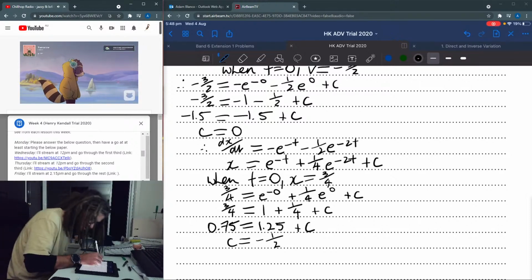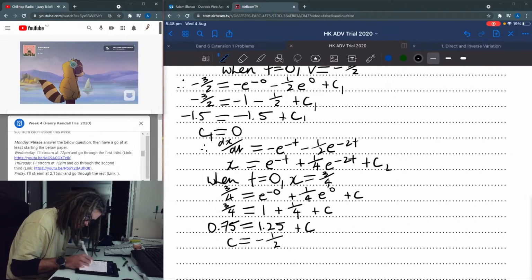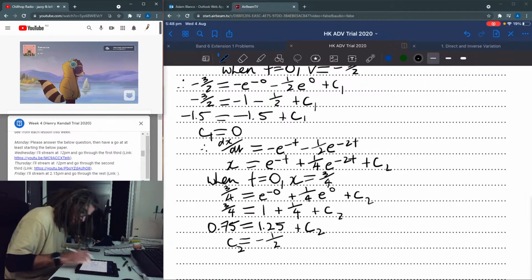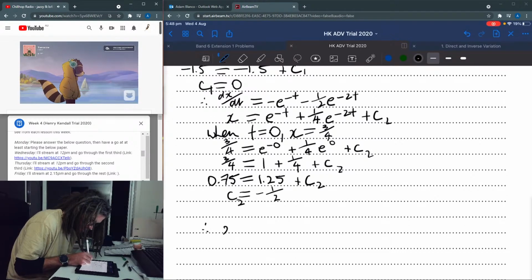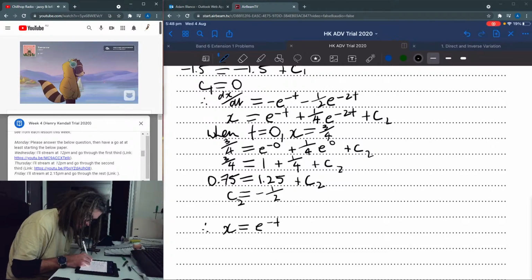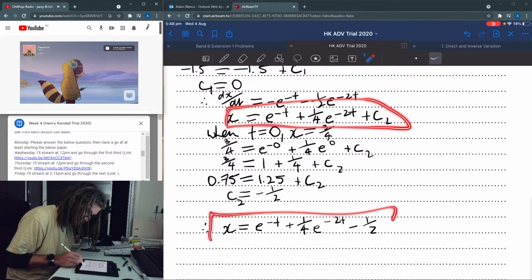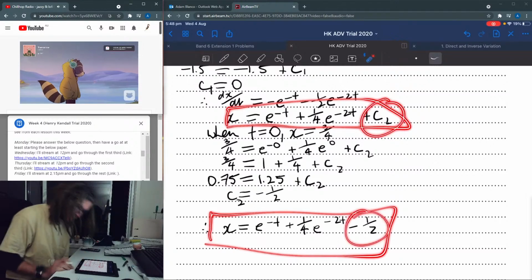Now I have two C's. Let's call this C1. Let's call this C2. So therefore x is equal to e to the minus t plus 1 on 4 e to the minus 2t minus a half. So all I did there was write this again, but instead of c, I wrote negative a half.